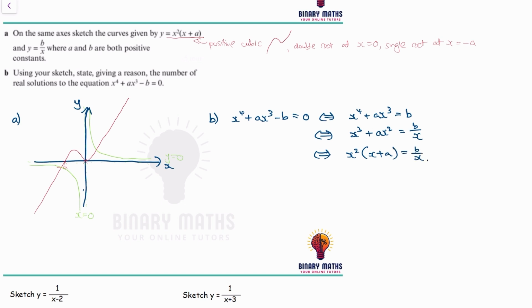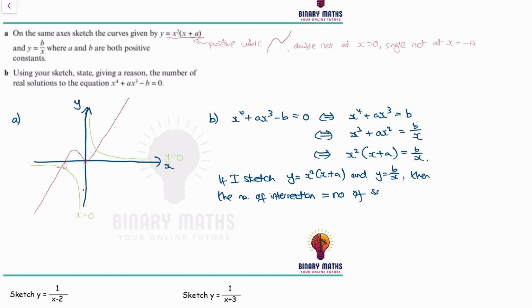So if I sketch y is equal to x squared times x plus a and y is equal to b over x, then the number of intersections is equal to the number of solutions.